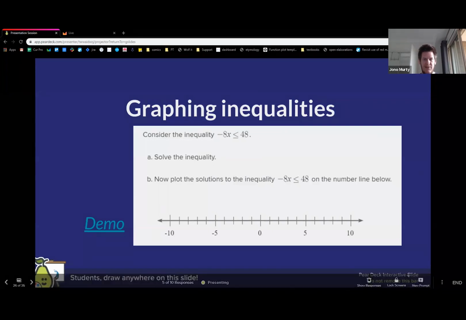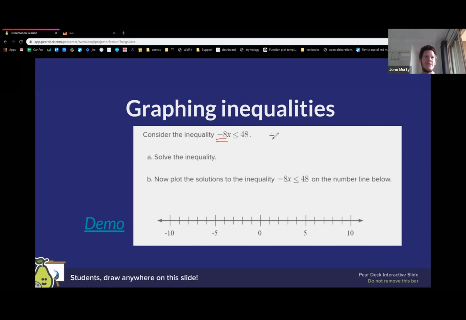Main thing to be careful of here is this -8. First thing we want to do is divide both sides by -8.